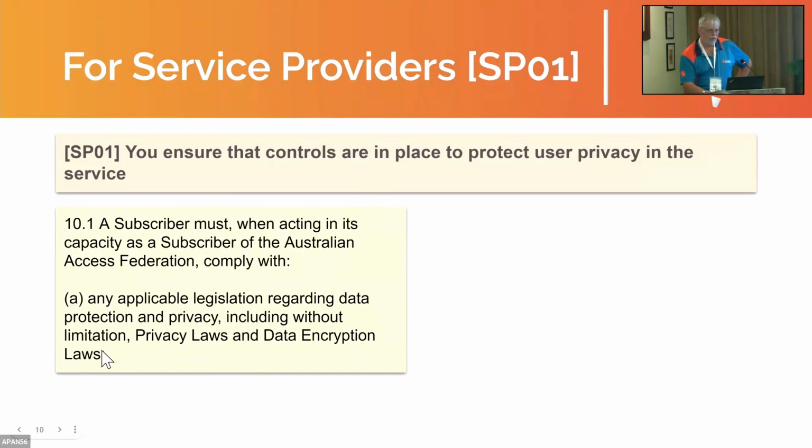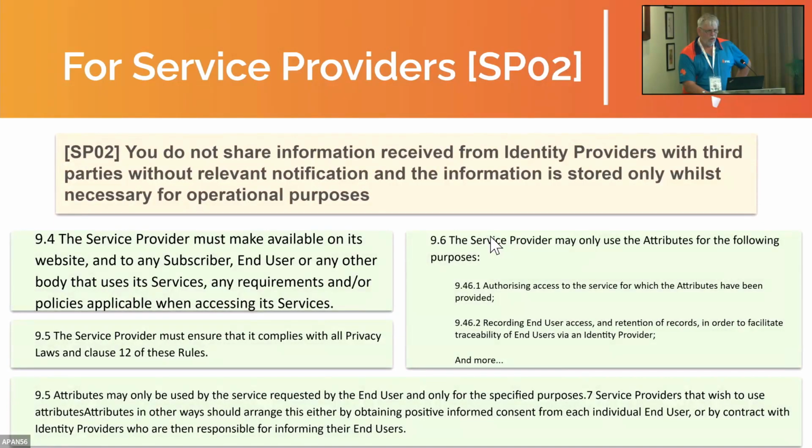Our service providers need to comply with that, which then means they're actually complying with protecting users' privacy in the service. For two, will not share information received from identity providers. We have a whole raft of rules in our Federation rules that deal with privacy.